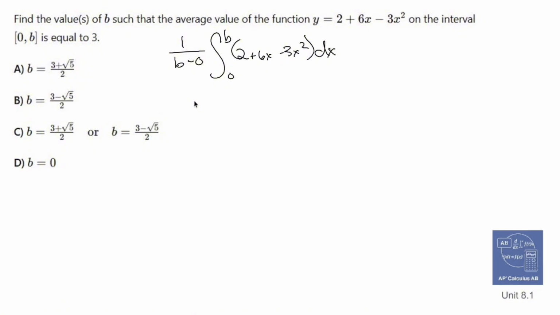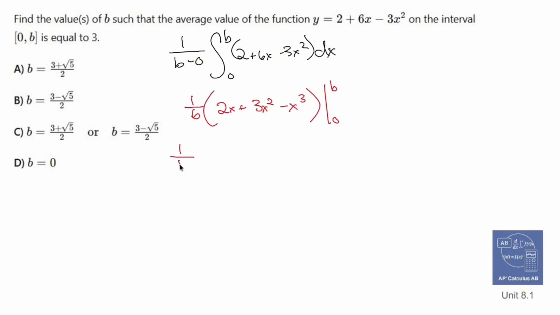All right, so you're going to be 1 over b. I can handle that. You're going to be 2x plus 3x squared minus x cubed. My limits are going to be 0 and b. All right, so let's set it up.